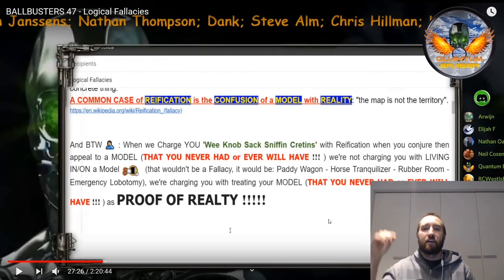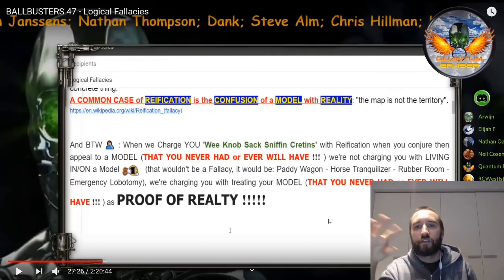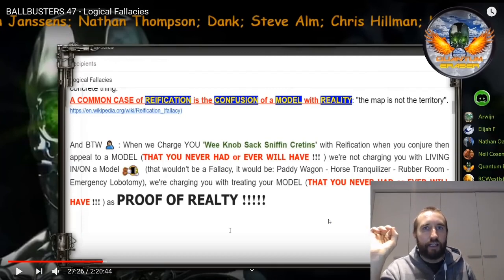This is what quantum razor got totally wrong, because there's no mention anywhere in this fallacy that says we can claim that some model represents reality.